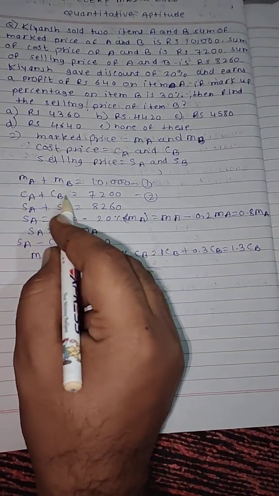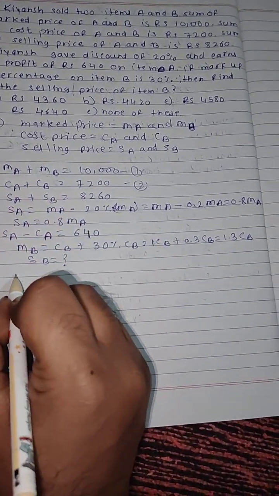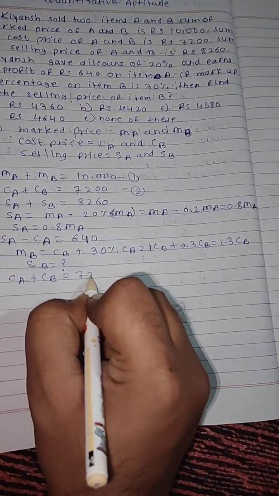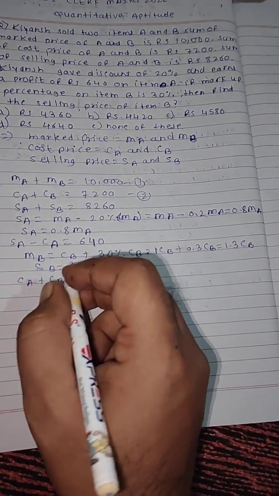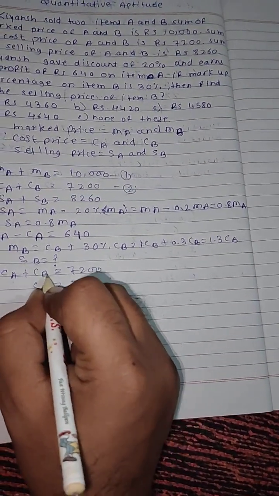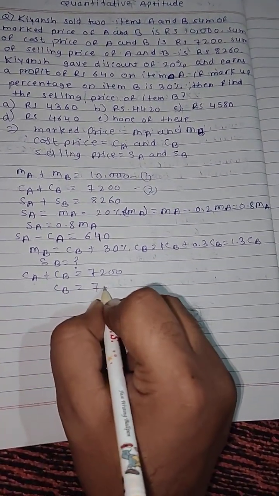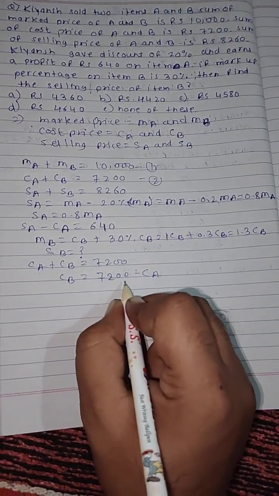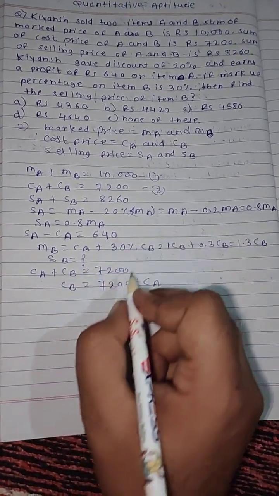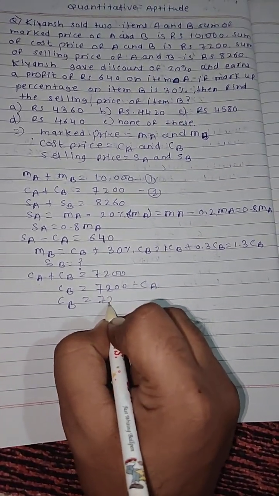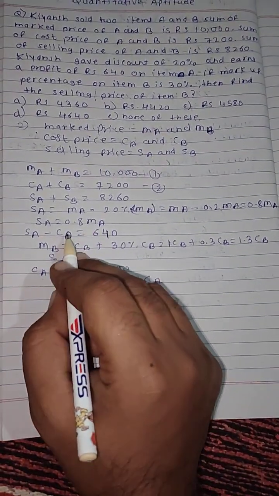So here CA plus CB equals 7200. Okay, so from here we will solve for CB. CB is 7200 minus CA. So what is CA from this equation?